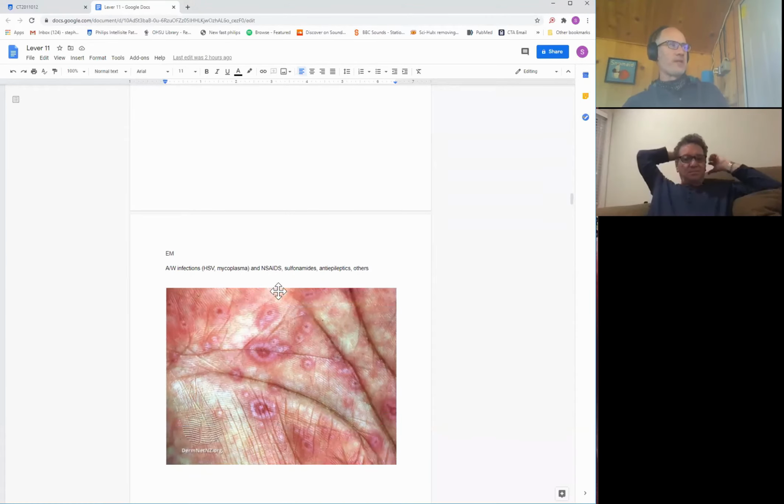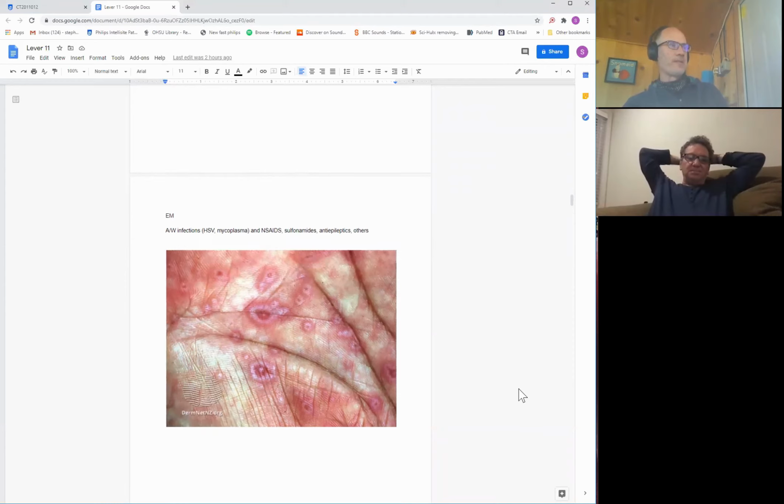So we'll start with erythema multiforme. And here's the characteristic acral surface with target lesions with a dusky hemorrhagic center surrounded by a pale area and then an erythematous rim.